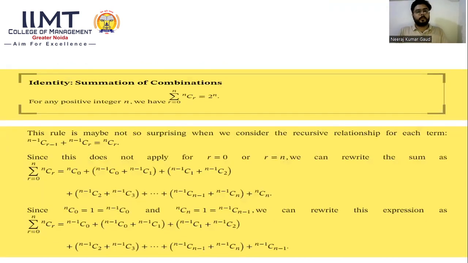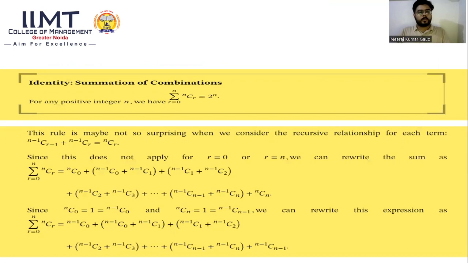Identity: summation of combination. For any positive integer n, we have the summation of nCr for r equal to 0 to n equal to 2 to the power n. This rule may not be surprising when we consider the recursive relation for each term, that is (n−1)C(r−1) plus (n−1)Cr, which comes out to be nCr.